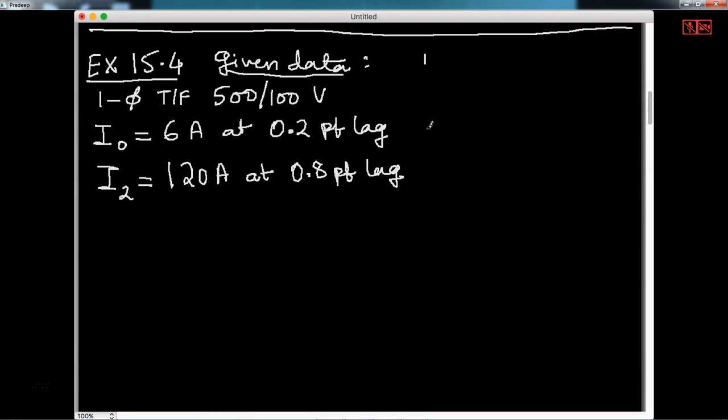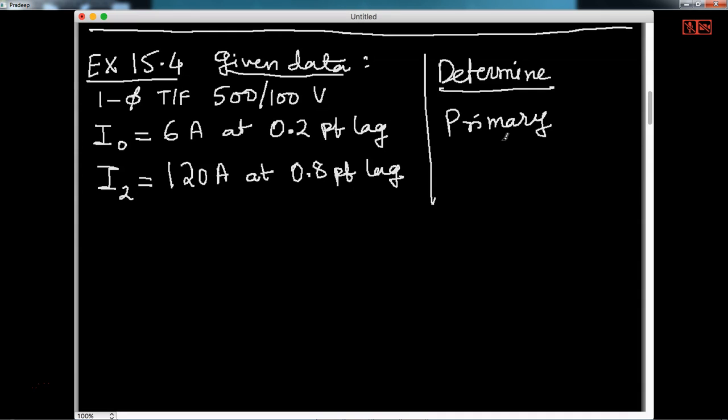What we need to determine is the primary current I1. So this is the given data for the transformer, and you need to find the primary current I1. Let me solve this problem for you, and then we will understand how it goes.